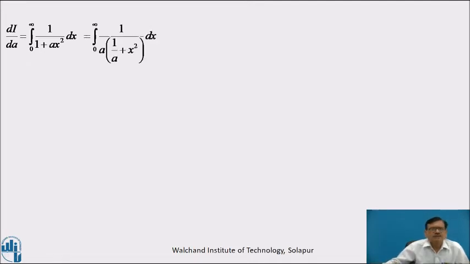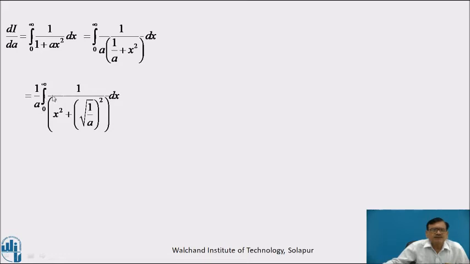Now here we will adjust the term, which is equal to the integration from 0 to infinity of 1 upon, taking a common, a into bracket (1 by a plus x square) dx, which we can write as 1 by a integration from 0 to infinity of 1 upon (x square plus, and 1 by a can be written as the square root of 1 by a, whole square) dx.